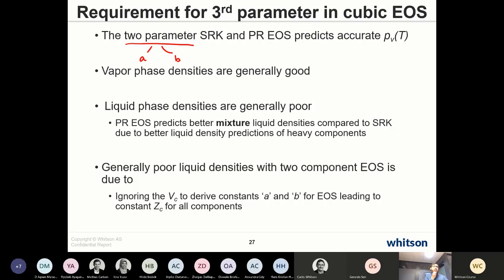Water phase density was calculated about 0.7, and we know that the density should be close to 1 gram per cc, and it was giving us about 30% error. So the two-parameter cubic equation of state model doesn't predict the liquid phase densities with accuracy, and that had been a great issue with the cubic equation of state model until this third parameter was introduced.